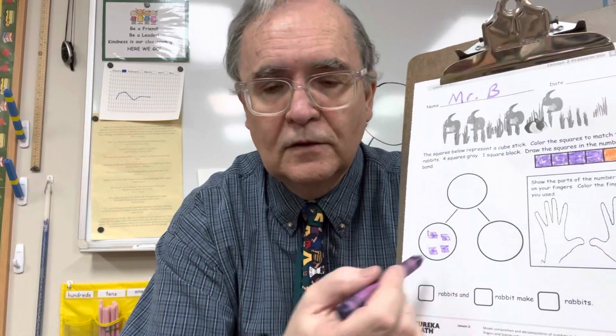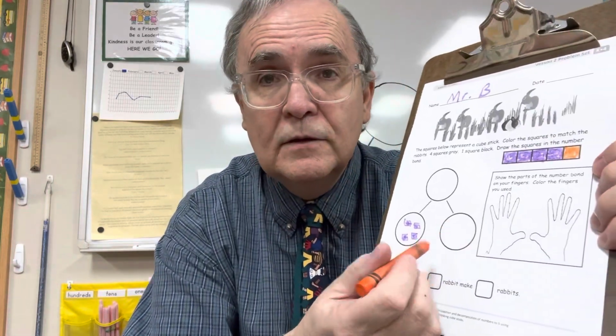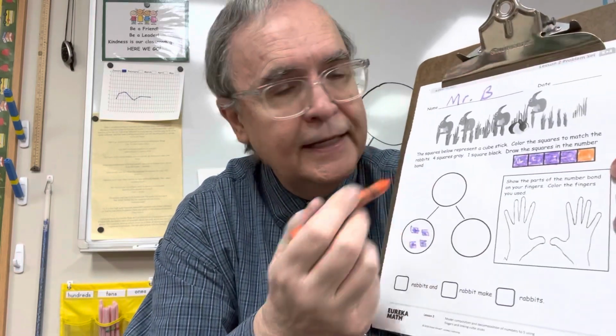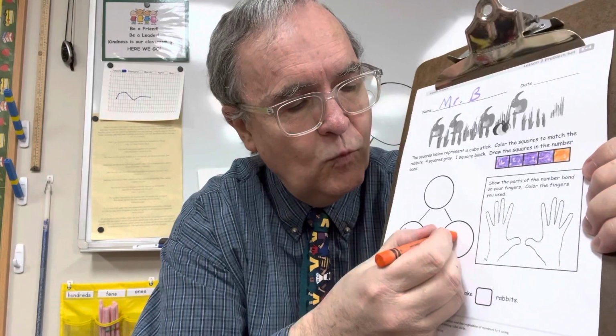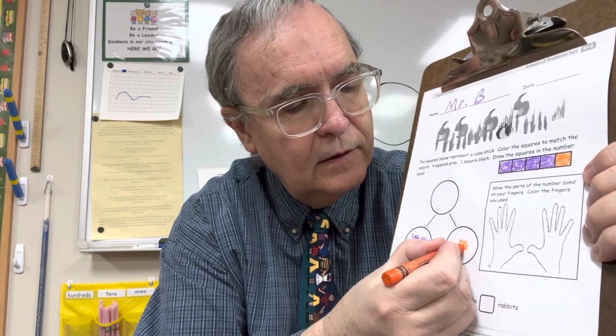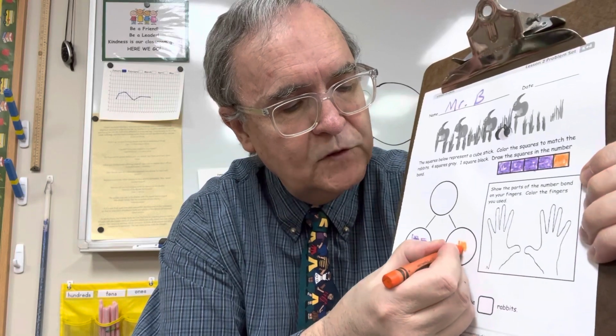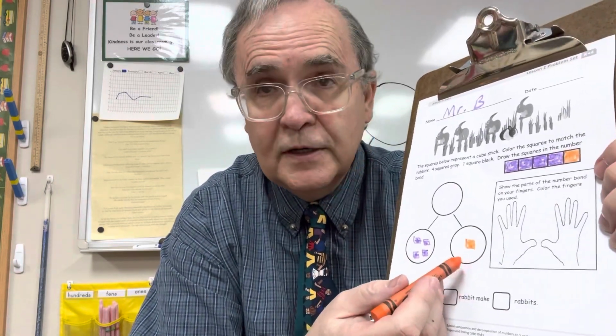So I have 4 squares in this circle. Okay? Now over here, we got how many were laying down? 1. So I'm going to draw 1 square here. Okay, so these are my parts. I have my part here and my part here.